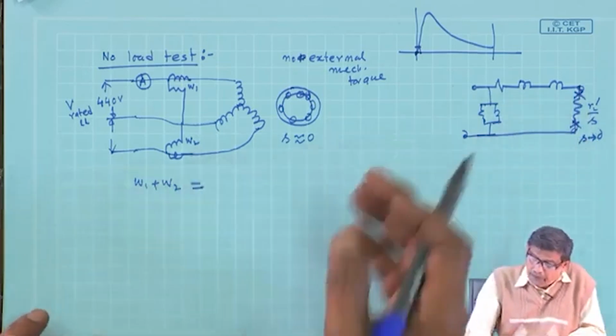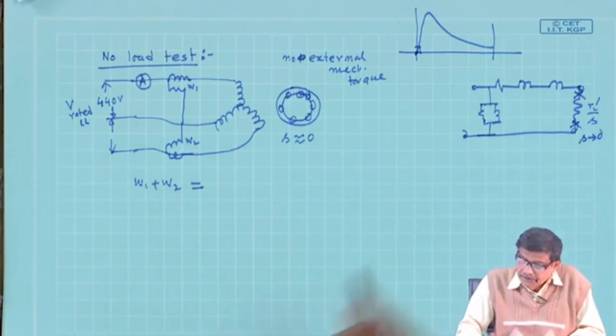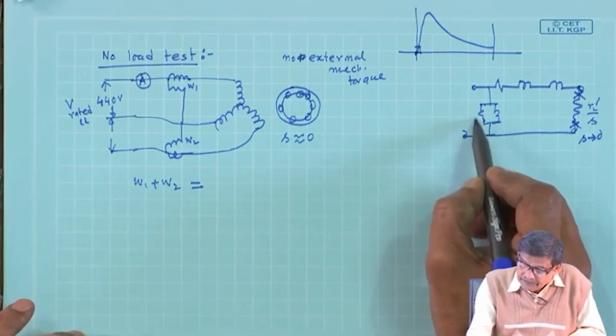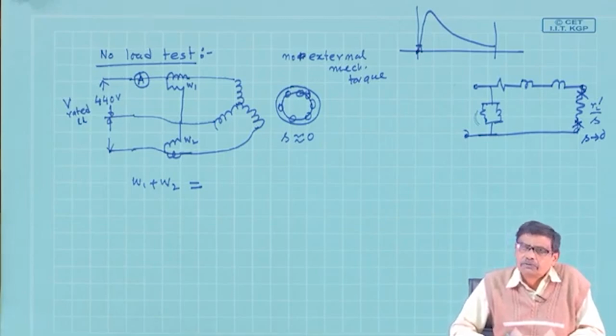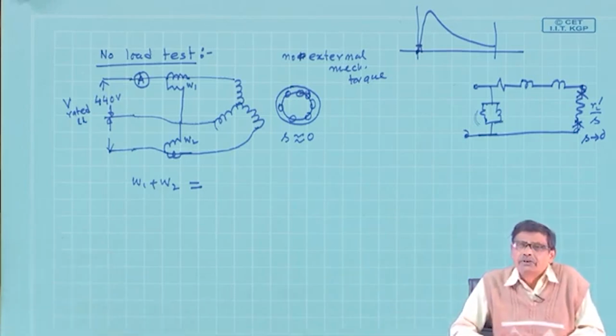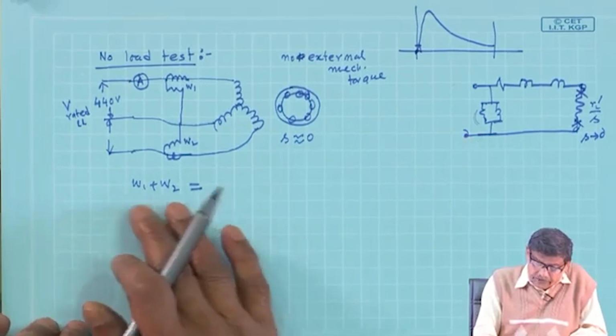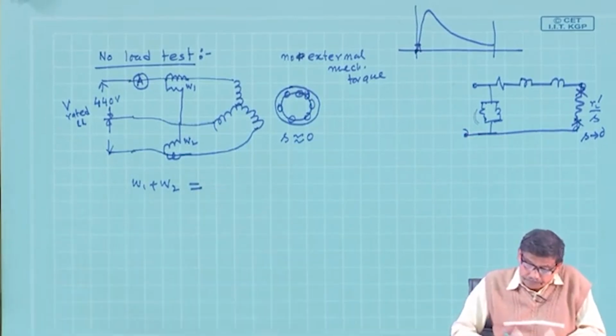So, whatever power is drawn can be assumed to be the power in this parallel resistance, which corresponds to mechanical loss as well as core loss. Core loss will be there because flux is there, and the core loss, as I told you, on the stator is much higher. Rotor iron body core loss can be neglected because of low frequency. Therefore, this will be the total power drawn.